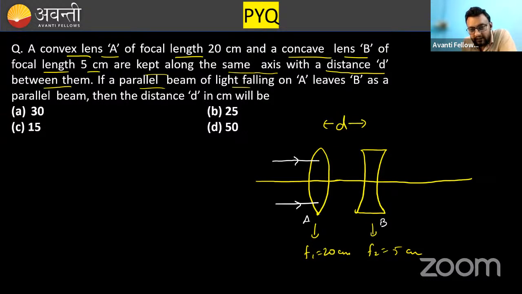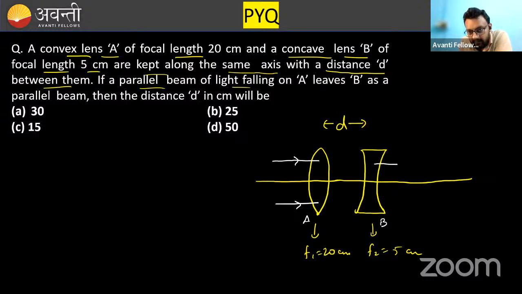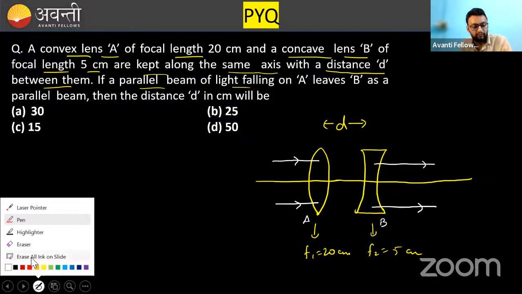That means these rays will meet at the focus for the first lens A. Now, by the definition for the concave lens, the emergent ray will be parallel to the principal axis only when the rays incident on it are coming to meet the focus.